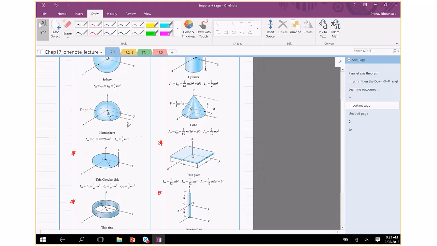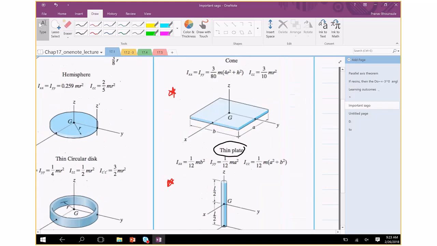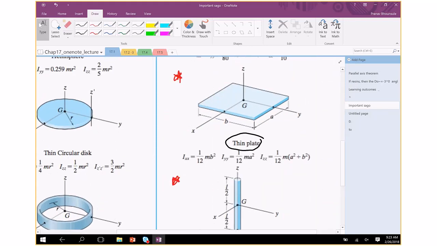Okay, it is a thin plate that we're after. Which one should I use, XX, YY, or ZZ, to find the inertia about the center of mass? Z, right? Because the plate is like this. You got to find the axis which is normal to the plate, and the axis normal to the plate is the z-axis. So we got to use this formula.